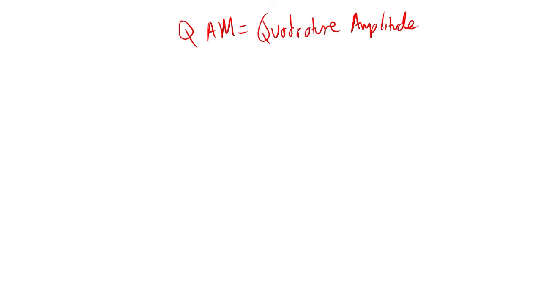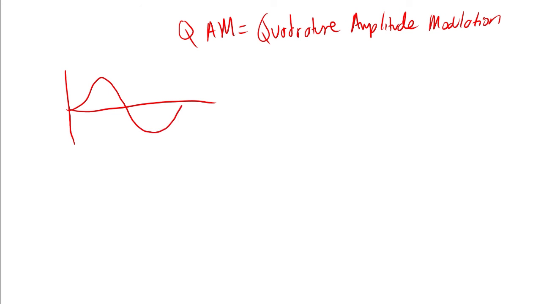There's a few other ways of encoding. One's called QAM, or Quadrature Amplitude Modulation. And in that case, we have two sine waves, and they're off by a quarter of a phase.